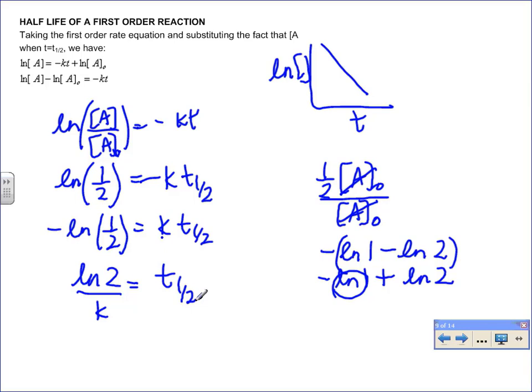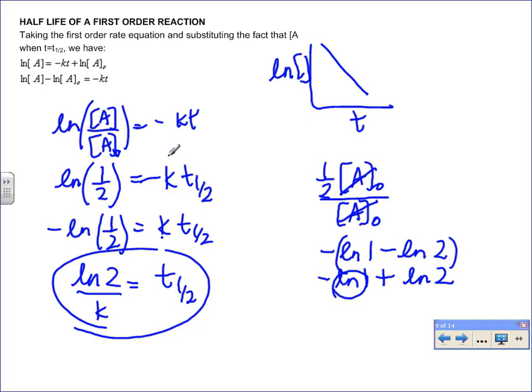Now again, do not panic if the math is over your head. It's not really the math that matters. It's this relationship in the end. You can always rely on knowing the relationship and deriving it from first principles using math, or you can just know what the relationship is.